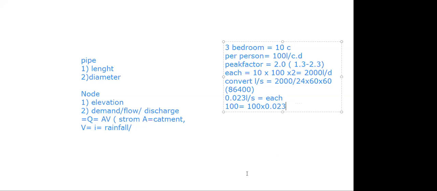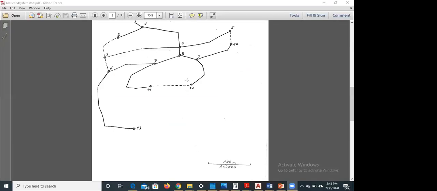So in our own case here, we have about 10 houses connected to node 12. Therefore, pipe 9 to 12, which is referenced as node 12. I want you to understand the logic. Pipe 9 to 12, or section 9 to 12, or street 9 to 12. I've used 3 words interchangeably. They mean the same thing.